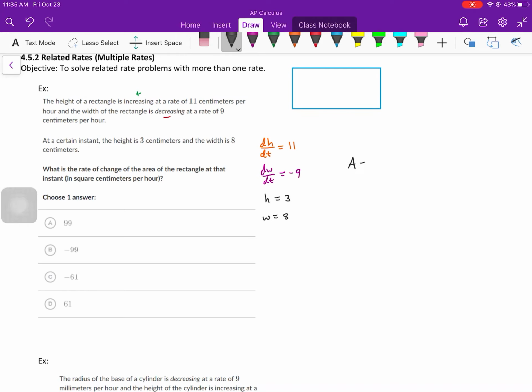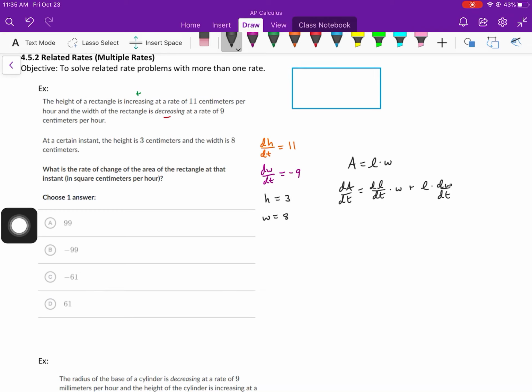So area of a rectangle is length times width, right? So if we want to find dA dt, we're going to have to do the product rule. So we're going to do the derivative of L times W plus L times the derivative of W. Just product rule, f times g prime plus f prime times g. Plug in what we know, which we know everything here, right?